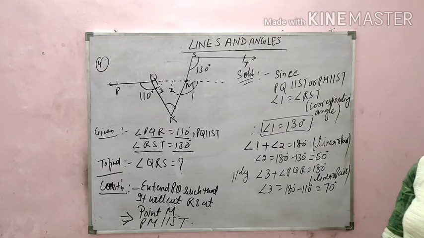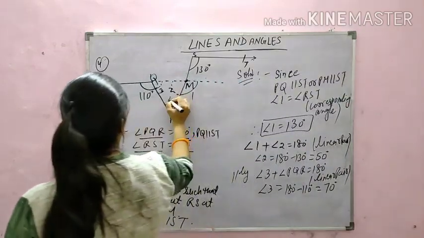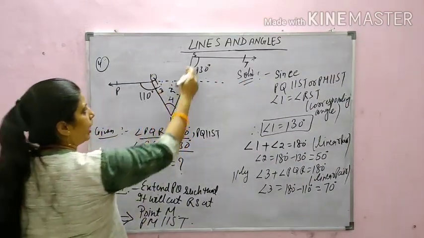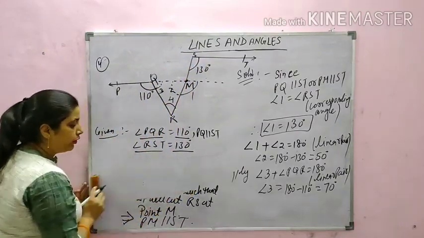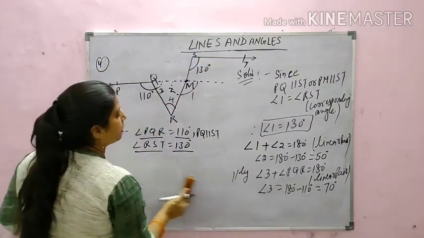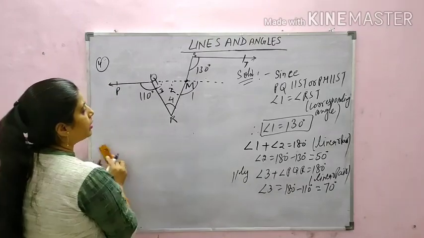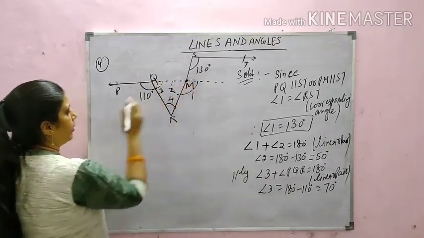Now we will find angle 4, which is angle QRS. To find this angle, we will consider the triangle QRM.